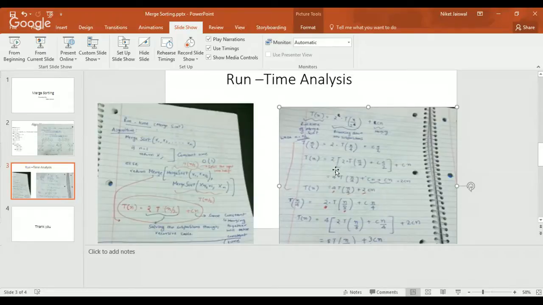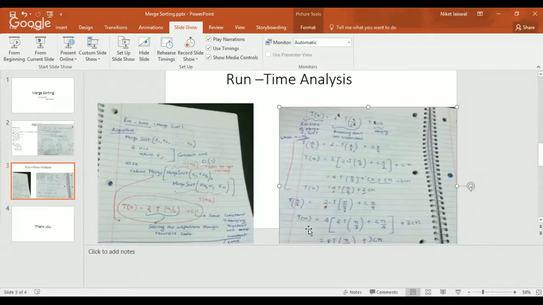So when we multiply this, 2 into 2 will be 4 times T of n by 4, plus 2 into c of n by 2, where the 2 will cancel, and it will be just c of n, so it becomes 2 times cn. Now this has become 4T of n by 4 plus 2 cn. Now when we want to calculate n by 4, we will have to give the value 2 times T of n by 8 plus c times n by 4.